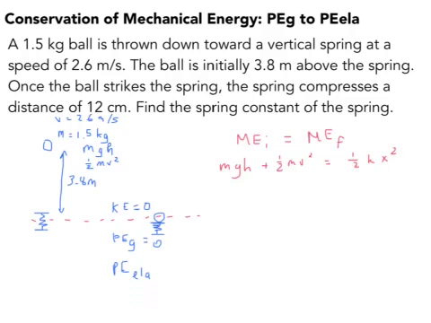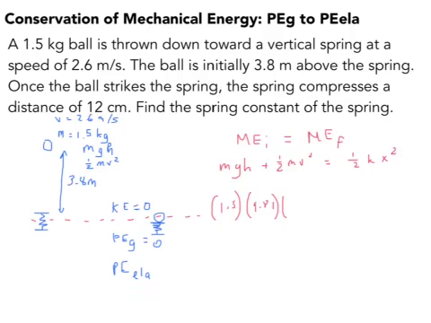So now what we're trying to find is k, the spring constant. So you just plug everything in. We have mass is 1.5 times 9.81. Now the height, this is tricky. At the very beginning, over here, you might think that the height is just 3.8.